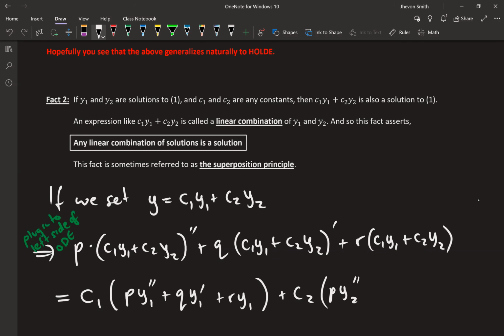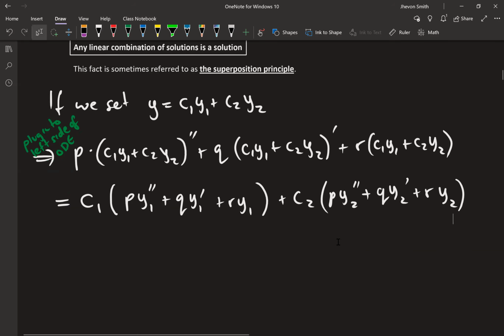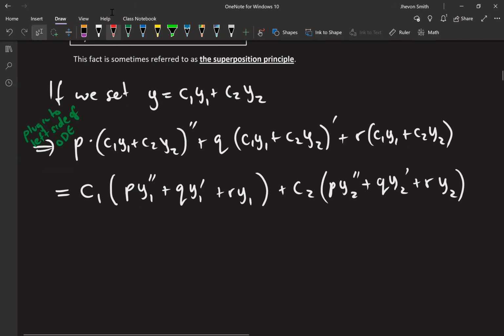So this is y2'' + Q times y2' + R times y2. And again, since y1 and y2 are homogeneous solutions, these two parts here would go to 0, which of course means the entire thing is equal to 0.